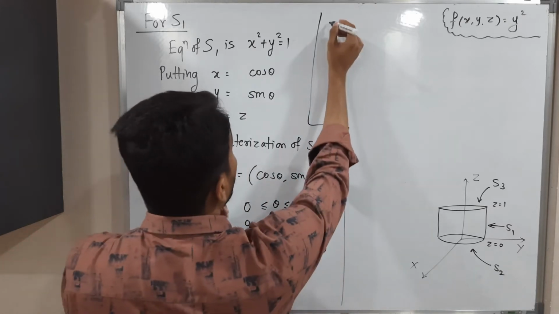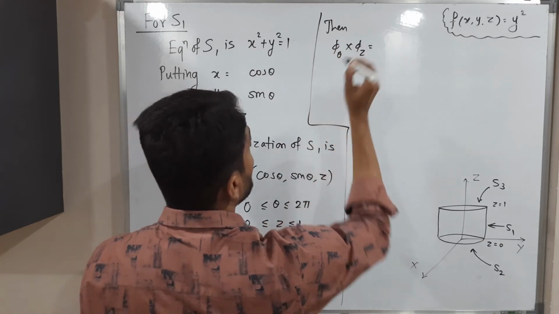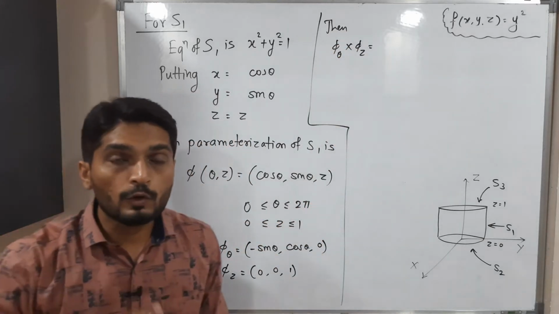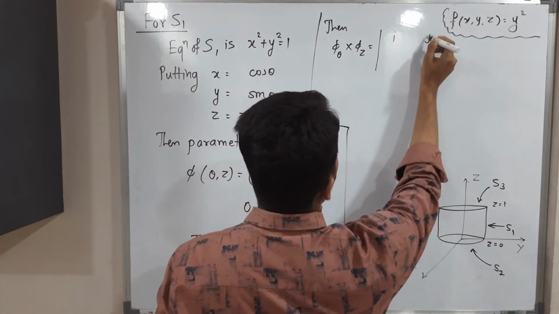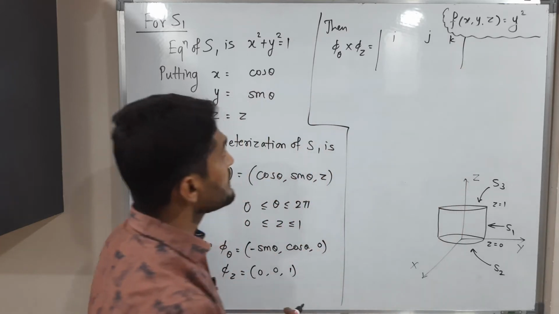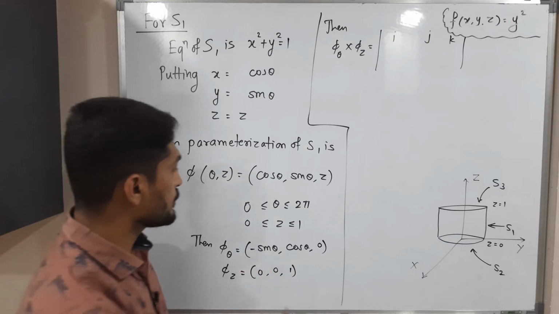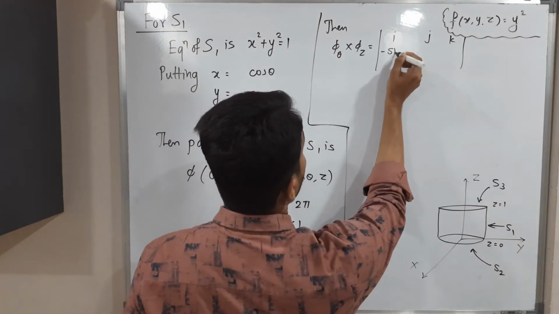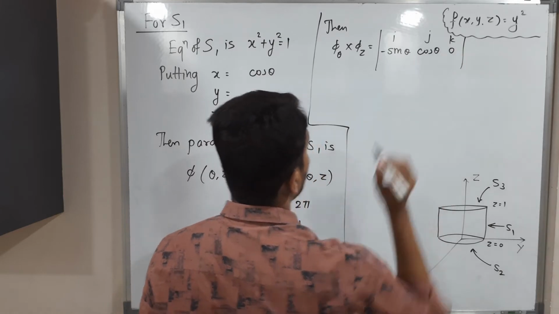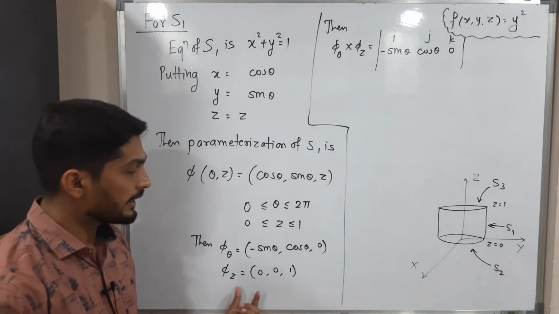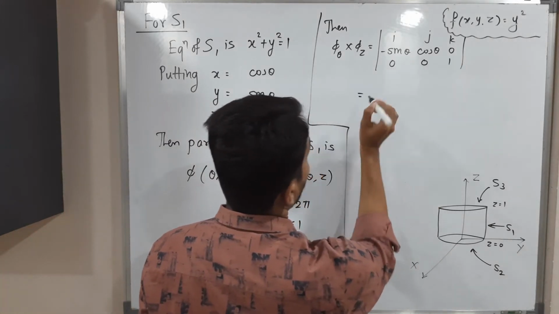Then phi theta cross phi z. You know well that to find the cross product we should solve a determinant whose first row is obviously i, j, k. The second row is phi theta, so I write these values here: minus sin theta, cos theta and 0. The coordinates of phi z are 0, 0, 1, so I write 0, 0, 1 here.